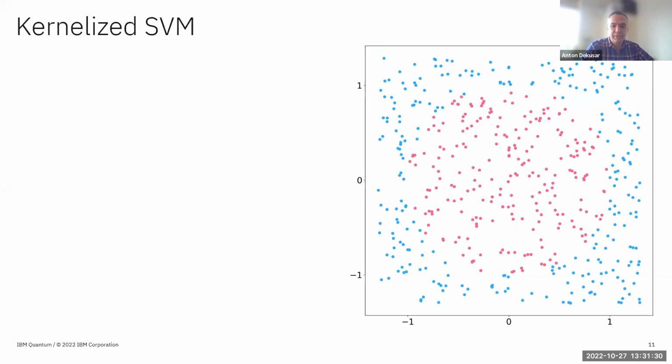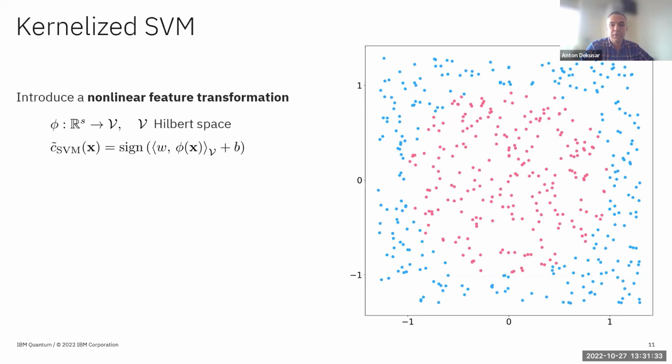The biggest thing is that we usually do not work in the original data space. We want to apply a kernelized SVM. On the right-hand side, you see blue and red dots, and there is no way to draw a line between those two classes. But if we introduce a feature transformation into a higher dimensional space, we can do that.